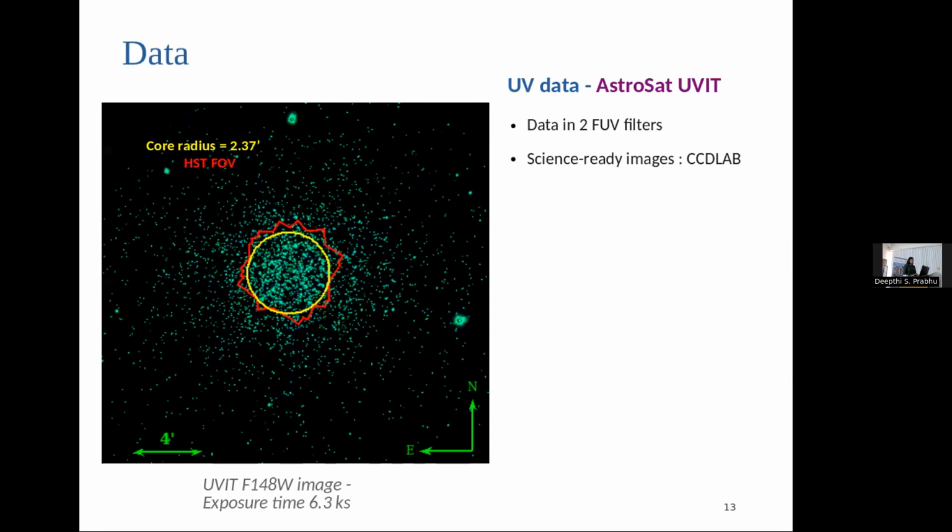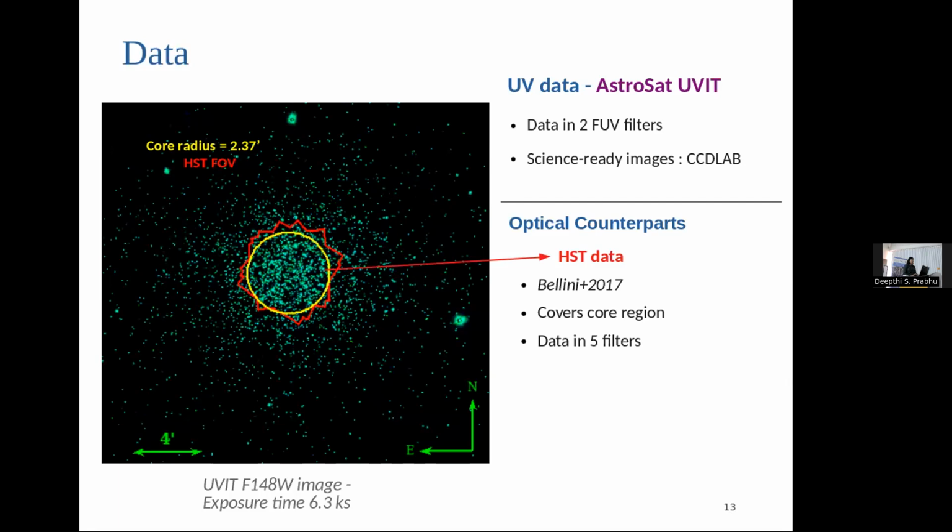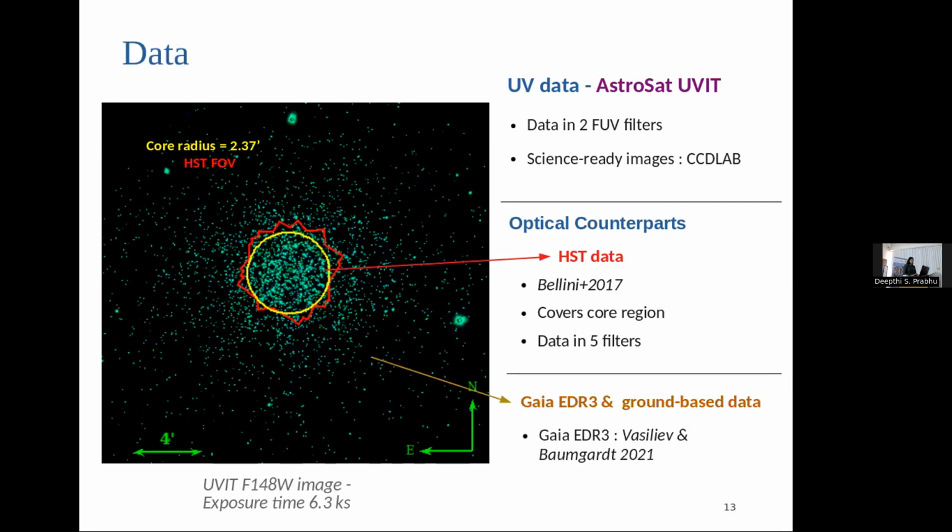For identifying optical counterparts, we have used HST data in 5 filters, and for the sources outside HST, we have used ground-based data. So, we are using membership information from HST and ground-based data.